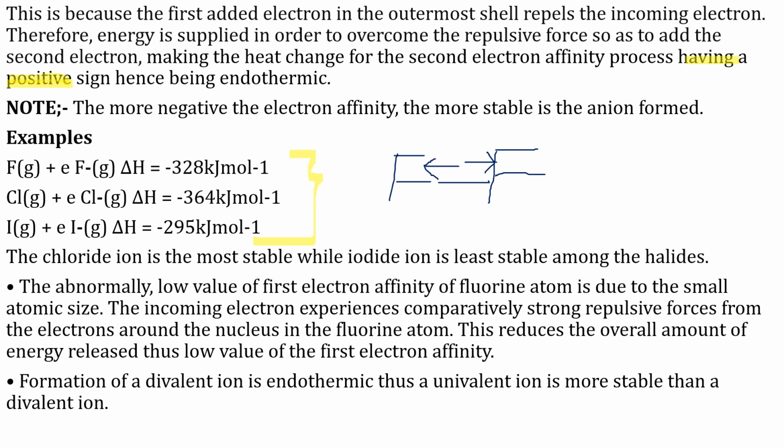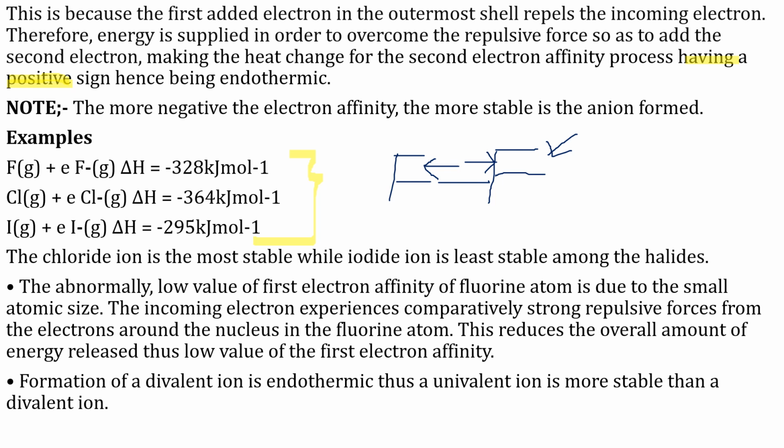Once they are strongly repelling each other due to the small atomic radius, the incoming electron is going to experience less attraction from the nucleus than the repulsion outside. So the energy that will be evolved will be low.